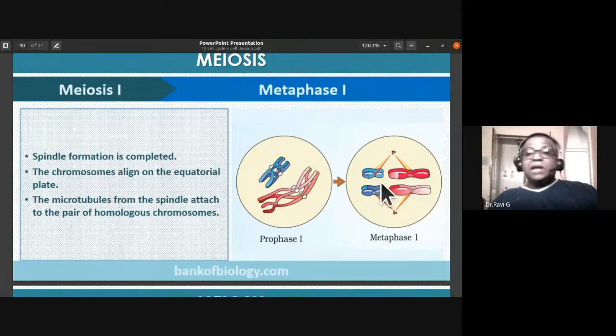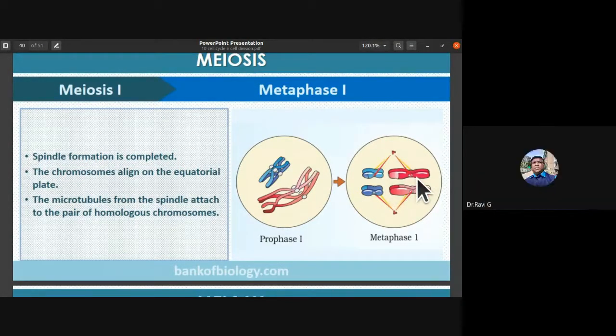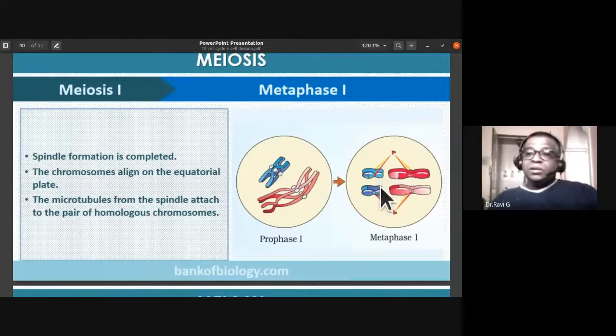Even the arrangement of chromosomes, if you look into it, the alignment is different from that of mitotic metaphase. The homologous chromosomes are separated. Out of four chromosomes, two move towards one pole, the other two move towards the opposite pole. There is no longitudinal division of the centromere and no separation of sister chromatids.